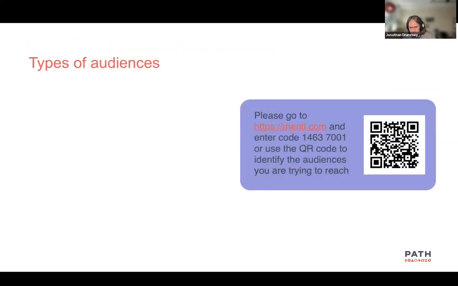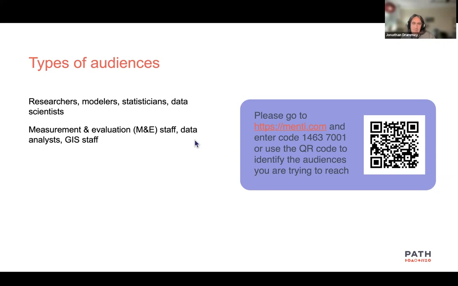So we have a number of different types of audiences that we might reach out to, and I have another Menti on that, which I'll paste in right now. So it might be the audiences we talk about, like researchers and modelers and so on. Maybe we're working with staff from a ministry or a donor or other NGO who are more data analyst types.